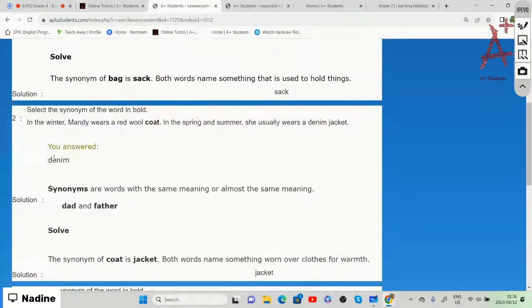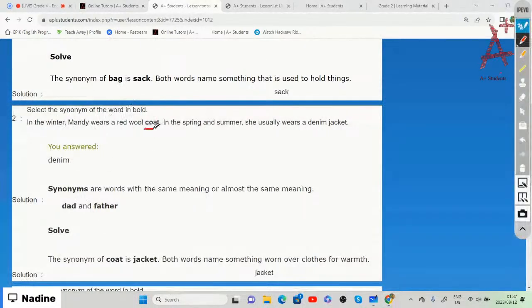In the winter, Mandy wears a red wool coat. So, coat. In the spring and summer, she usually wears a denim jacket. So we need to find the synonym of the word in bold in this sentence. In the sentences, we will find another word that is similar in meaning or the same in meaning as the word coat.